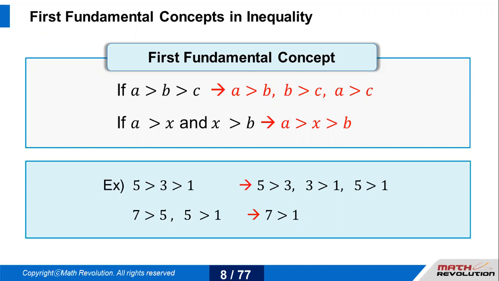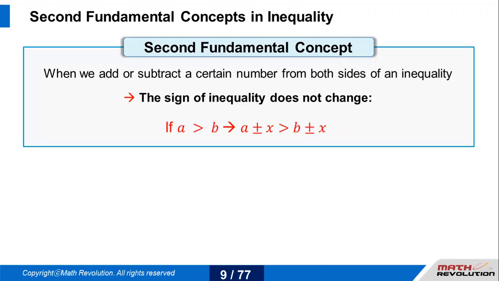Now let's go with the second fundamental concept of inequality. If you add or subtract the same number from an existing inequality, it won't affect the sign. So if A is greater than B already, and you're adding or subtracting X, a number, from A and the same from B, so the operation has to be the same and the number has to be the same, then your inequality always remains the same.